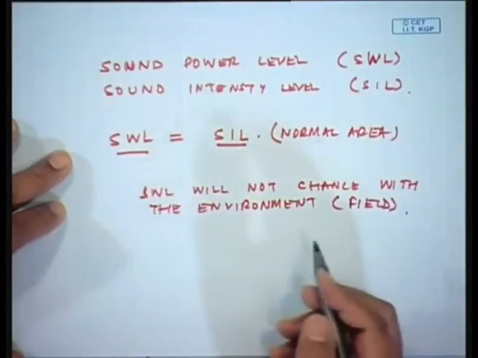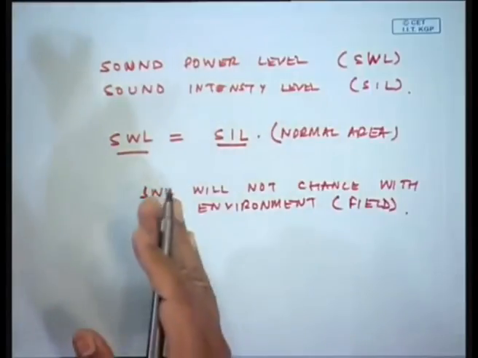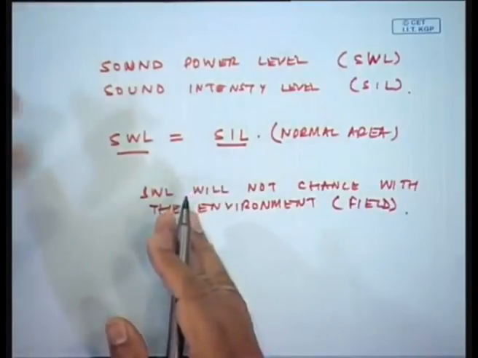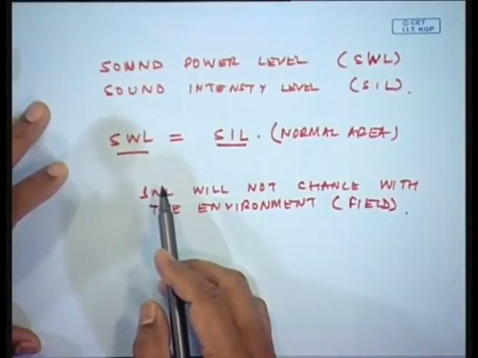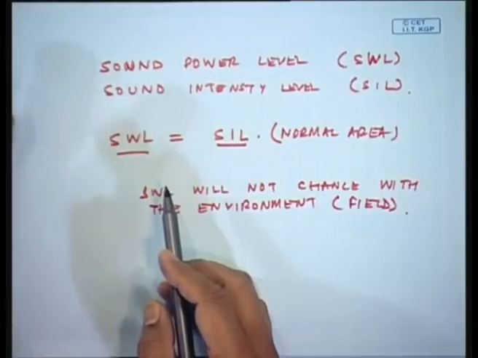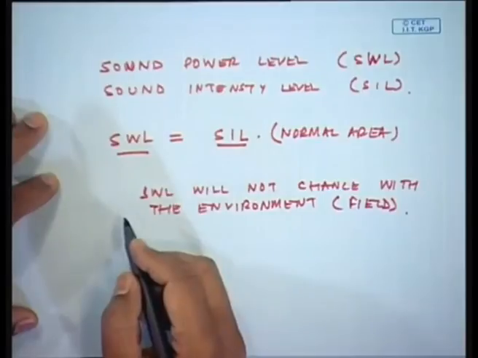So, when I label a product with a certain sound power level, it is going to be the same whether it is in location A, location B, location C. So, it is very easy to characterize the machinery in terms of the sound power level. If something is wrong with the machine, its sound power level will change. Well, to measure sound power level, it is a little involved process.